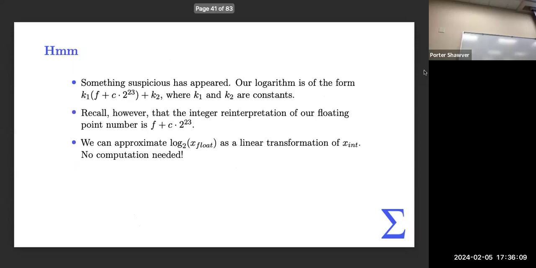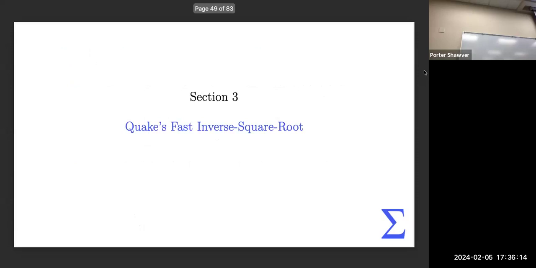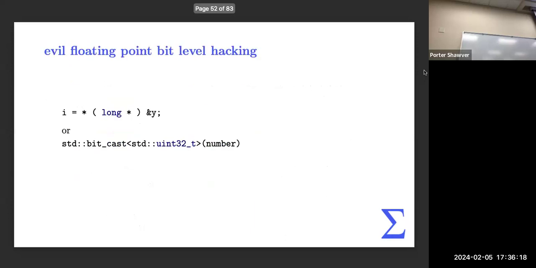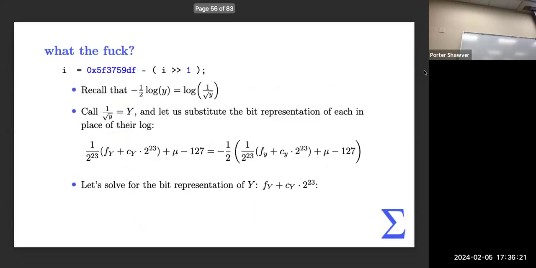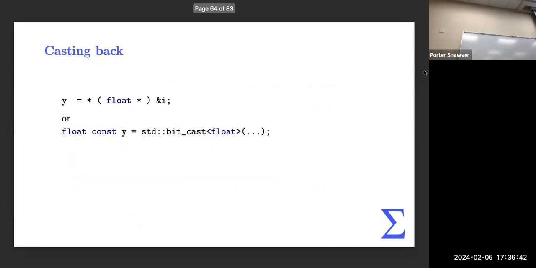We've just taken that step and also done the negative 1/2 and the conversion back at the same time. Because to convert it back to a number, you'd have to undo the linear transformation. So we've done all of those steps at once by just doing some algebra, where we're trying to solve for big Y in its floating point representation, or in its integer representation. Does that make sense? Cool.